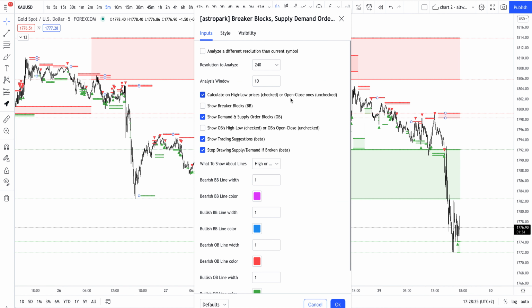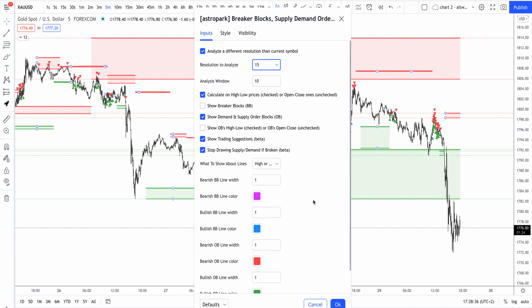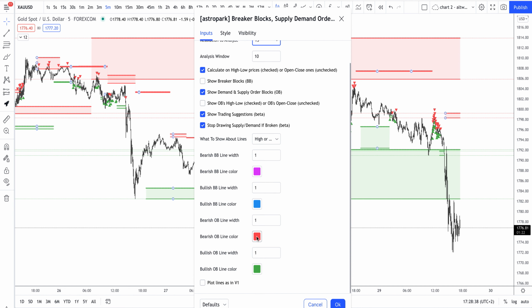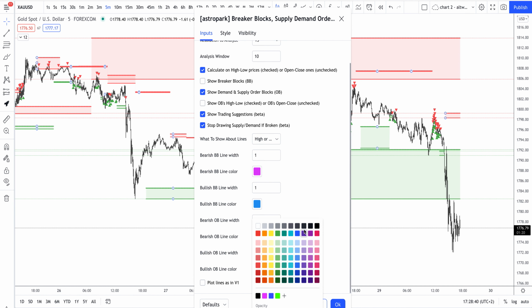So for example, you may have one set on 1 hour, or let's say 15 minutes, exactly the same resolution. Maybe you can change colors. Instead of red, you can use purple. Instead of green, you can use blue.